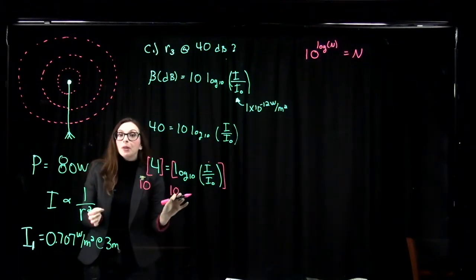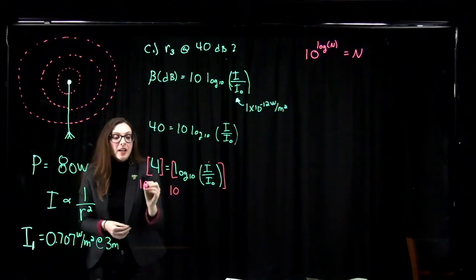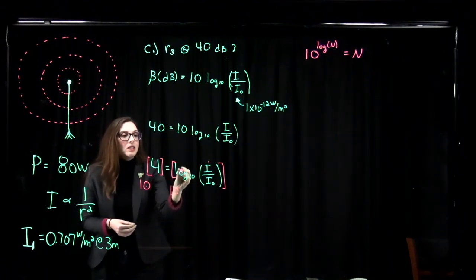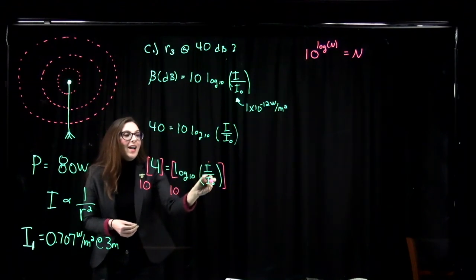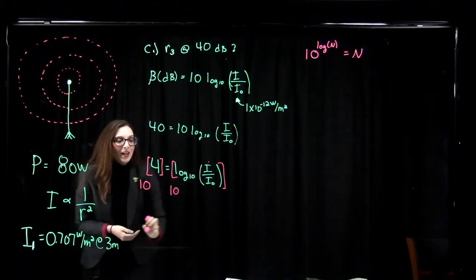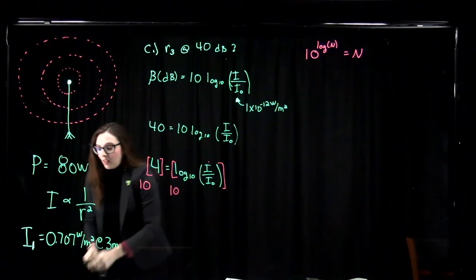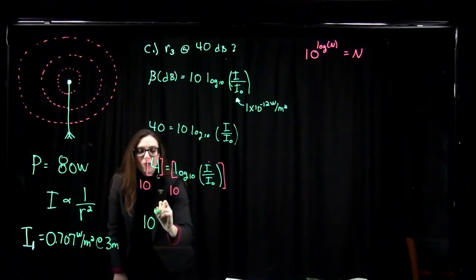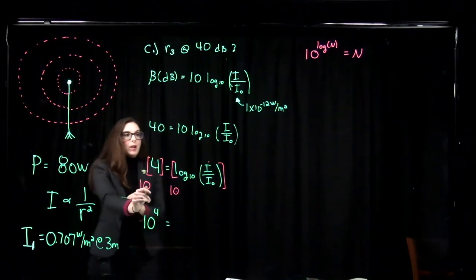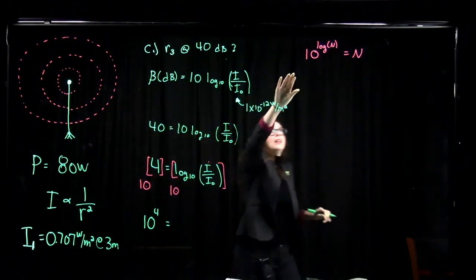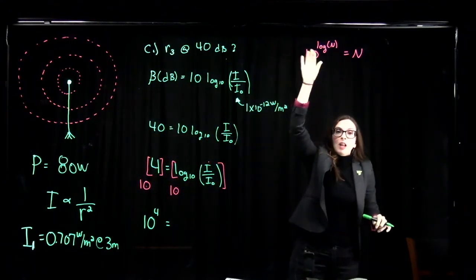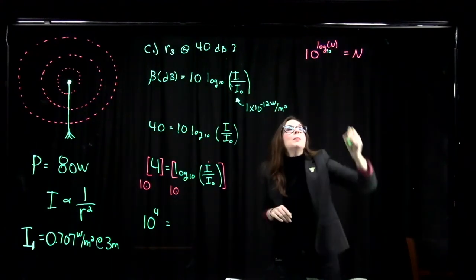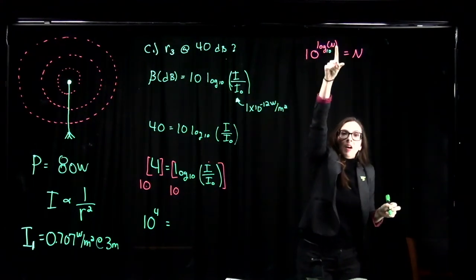To get rid of this logarithm, I'm going to take 10 to the power of 4, and that equals 10 to the power of log I over I naught. So when I do that, the left-hand side of my equation becomes 10 to the 4, and the right-hand side, as we said, 10 raised to the power of log base 10 of a number gives you back that number in the argument again.